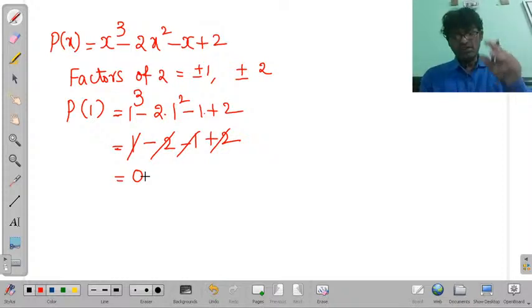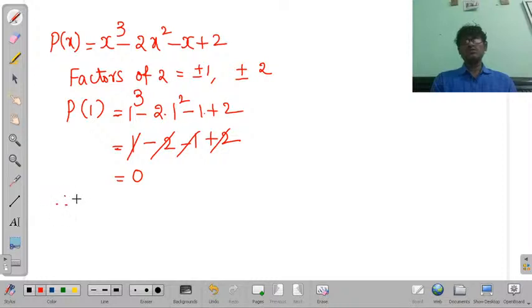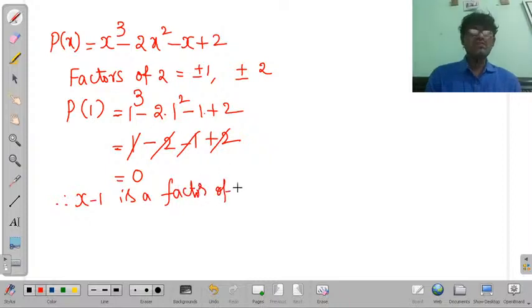So p of 1 is equal to 0. If p of 1 equals 0, we can say that x minus 1 is a factor of p of x.